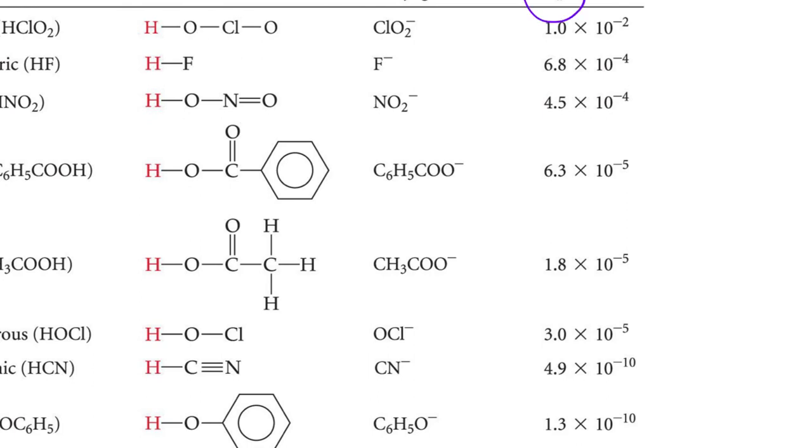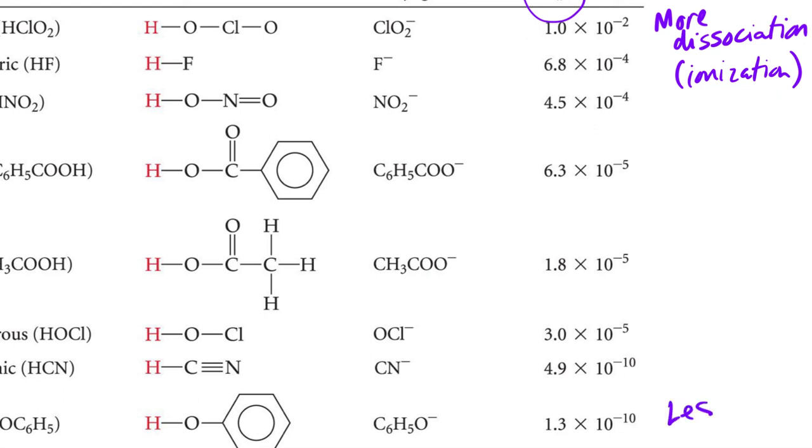So this is going to be a new equilibrium constant that we're going to show you. Ka refers, just like what you would expect, to the equilibrium constant specifically for a weak acid. The larger the value of Ka, the more dissociation happens, or more ionization. The smaller the value of Ka, less ionization.